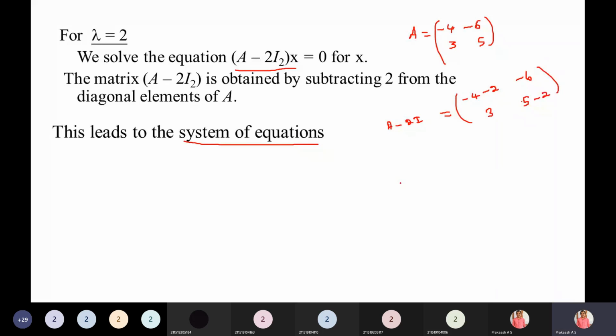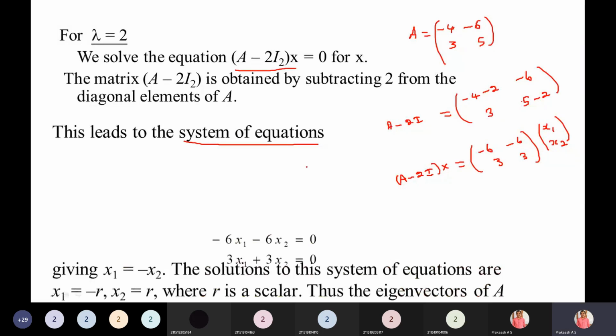So (A minus 2I) into x is the matrix -6, -6, 3, 3 times the eigenvector, which is a non-zero vector of order n by 1 if the matrix is n by n. As it is a 2 by 2 matrix, it is a 2 by 1 matrix.